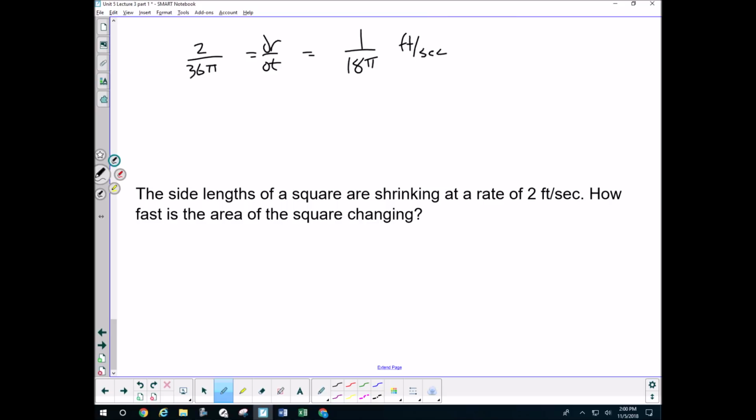Okay, this would be a little bit more difficult because I would not give you the formula for an area of a square. Why don't you guys write down that as well as the other information and go ahead and tackle this guy.